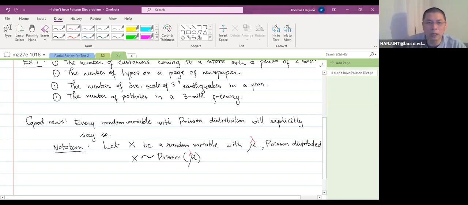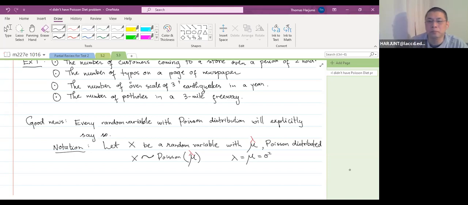But lambda in Poisson distribution is equal to the mean. And in every Poisson distribution, the mean equals the variance. Only in Poisson distribution. Other distributions don't have to be equal. In Poisson distribution, the mean and the variance are equal.